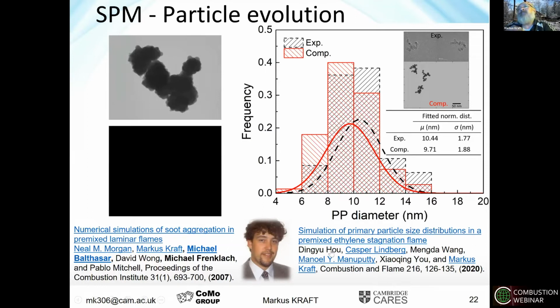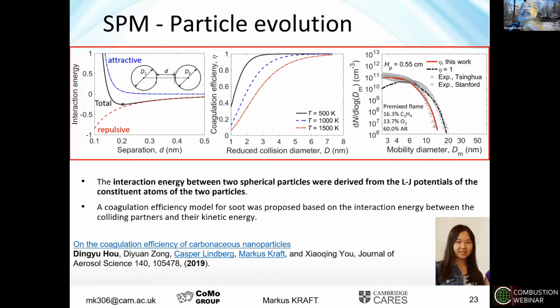just recently, exchange student from Tsinghua University, Ding Yu, came over to Singapore in our labs and then used our latest particle code to reproduce soot particle formation in premixed flames, and we were able to represent the primary particle distribution as well as the aggregate distributions. Now, Ding Yu, see her here, very able student, now starting a postdoc at UCL.